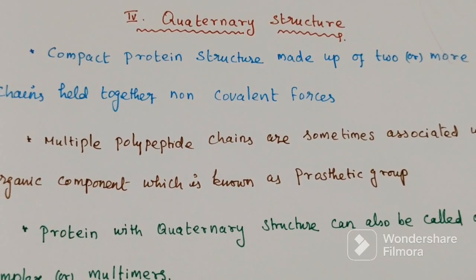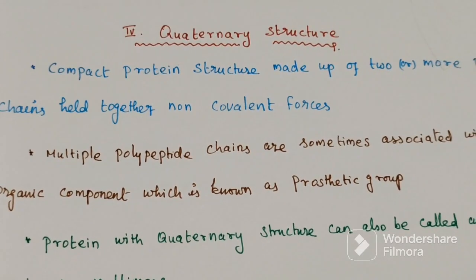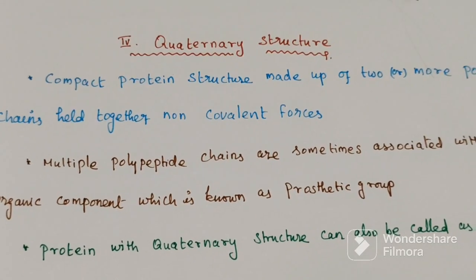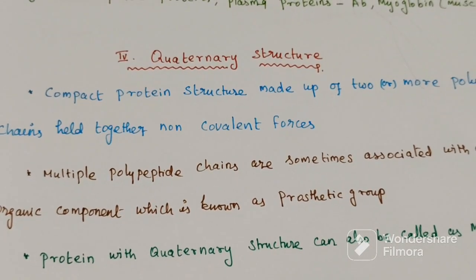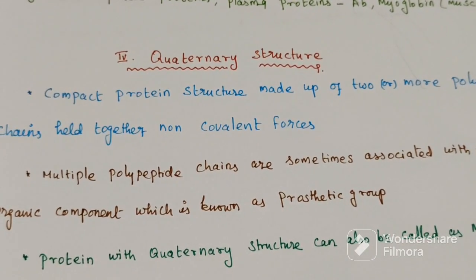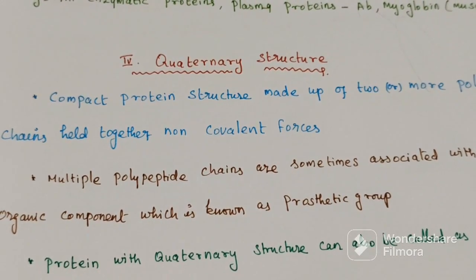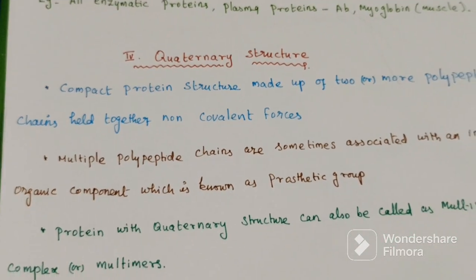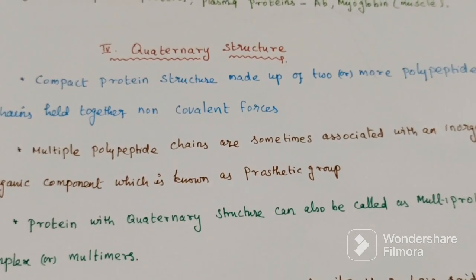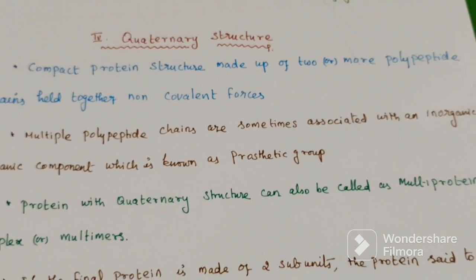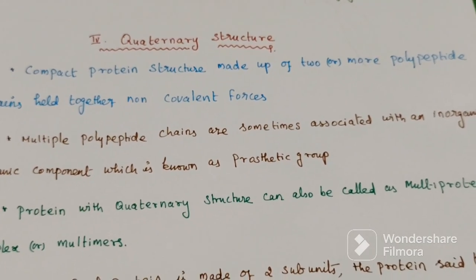Next, quaternary structure of protein. This one is the fourth level of protein structure: primary, secondary, tertiary. They can be formed out of a single polypeptide chain, though they can also form from two or more polypeptide chains, but generally a single polypeptide chain undergoes folding and coiling to form these three structures.